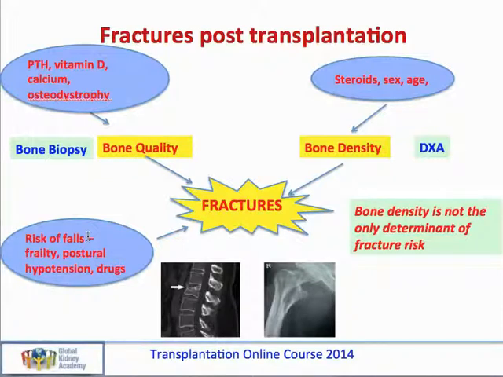So it's very important when you think about what you're trying to do after transplantation. You're trying to reduce the risk of fractures, and by managing bone density, for example, you're only targeting one of potentially three or four different risk factors for fracture. It's very important that you realise the limitations of any strategy that's purely targeted at bone density.